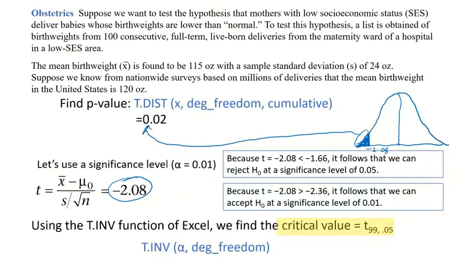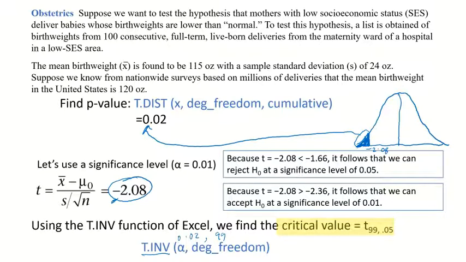So you might want to have a play of ideas here. You can actually try and prove that this is true by inputting 0.02 here and then degree of freedom 99. You are going to arrive at the answer, your t inverse will be negative 2.08.